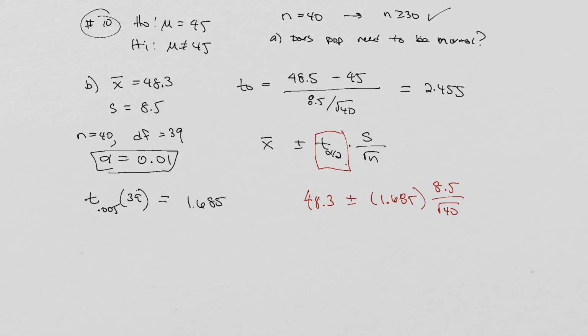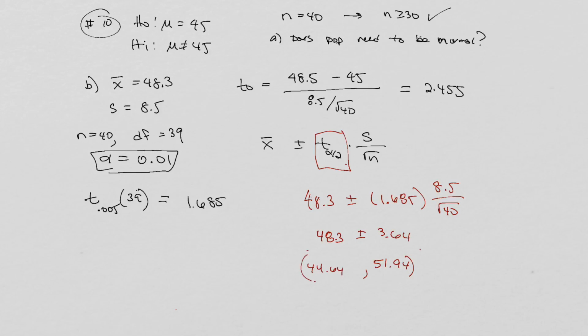If we multiply this out, we get 48.3 plus or minus 3.64. If we add those together, I get 51.94 as my upper bound, and if I subtract, I get 44.64 as the lower bound.